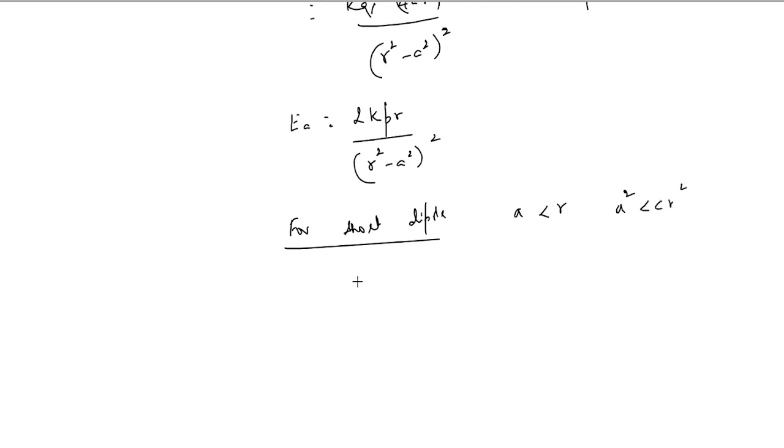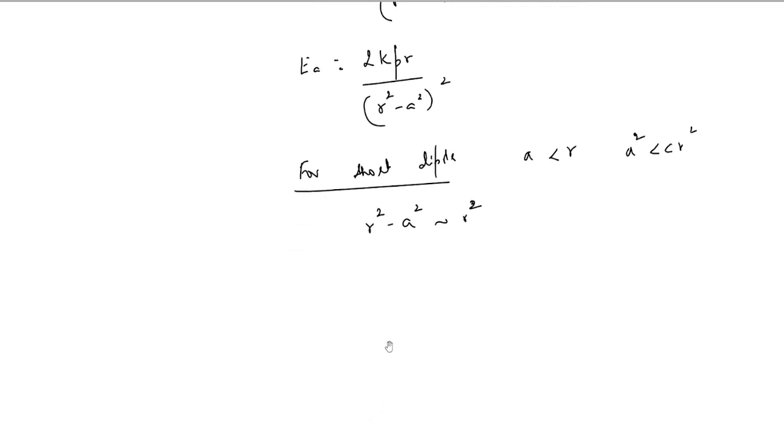That would mean that R square minus a square is almost the same as R square only. Keep in mind all these notations. That is because think of a huge, say, tank. From a huge tank, if a small amount of water is taken out, the tank's volume will not change much. That's the meaning of these notations.